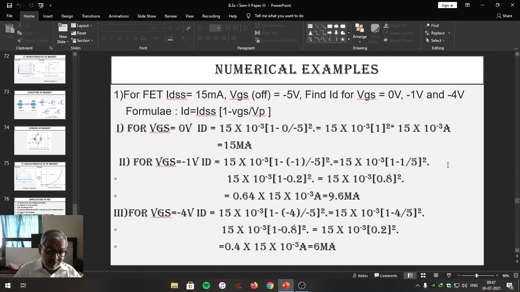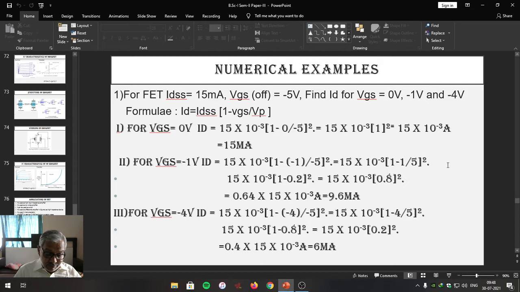Second formula to be remembered by you is RDS equal to delta VDS upon delta ID. That is the drain to source resistance. Third one is transconductance gfs or gm, that is equal to delta ID upon delta VGS.